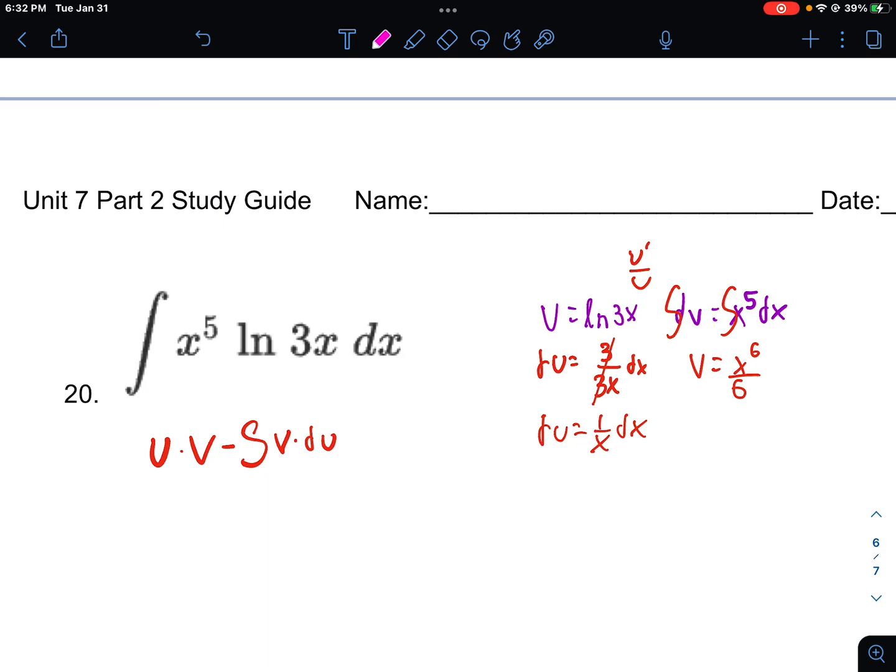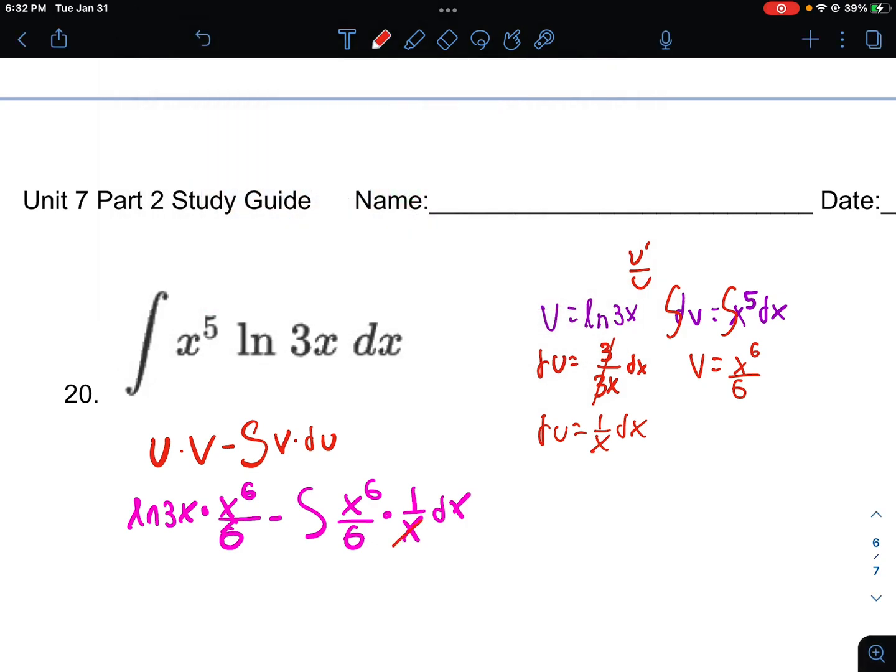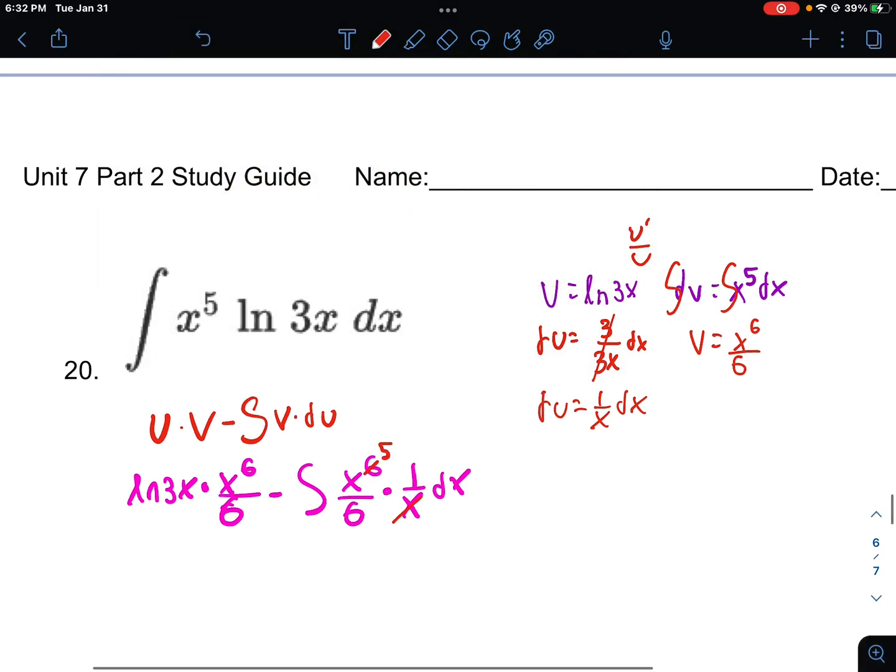u is ln of 3x, v is x to the power of 6 over 6, minus the integral of x to the power of 6 over 6 times 1 over x dx. One of our x's cancels, and we're left with x to the 5th.